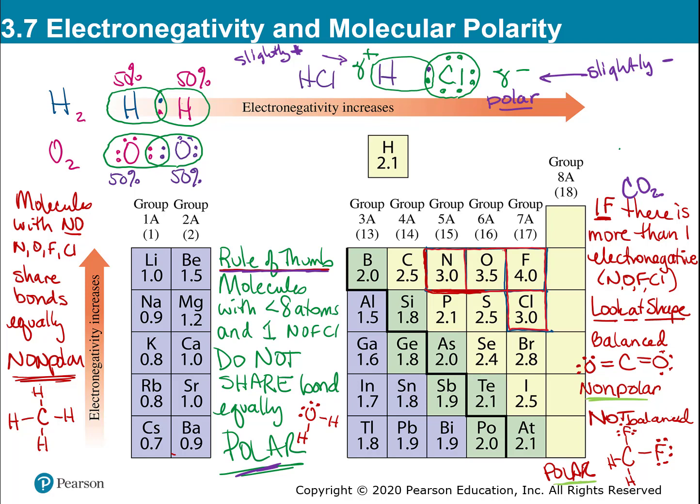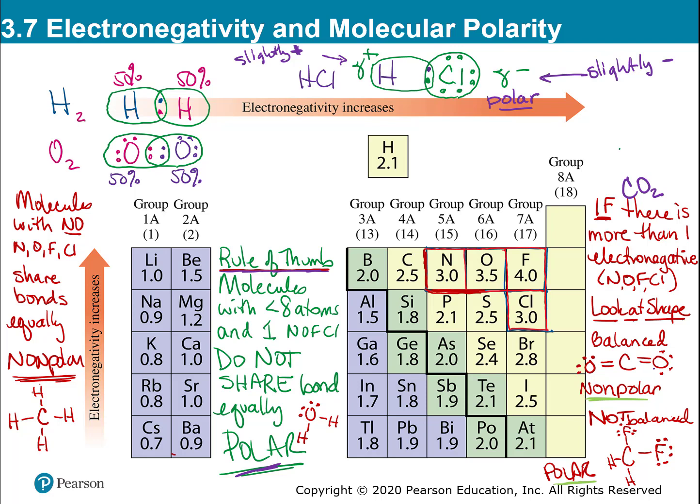Because it has that linear shape, can you see how the oxygens on the right balance each other? Yes, they both pull electrons, but they balance because they're on opposite sides. Because of that, balanced electronegatives are also nonpolar. You can think of them like they cancel each other out, and so the molecule as a whole ends up being neutral like the plastic.